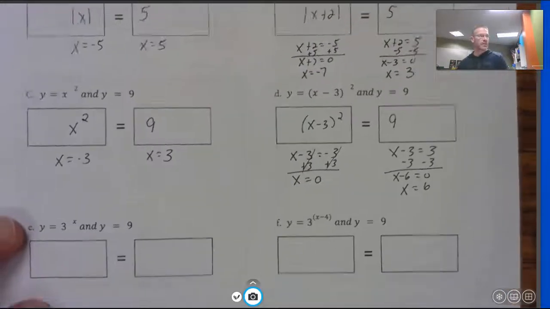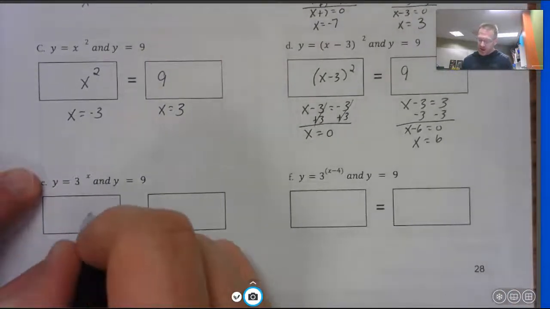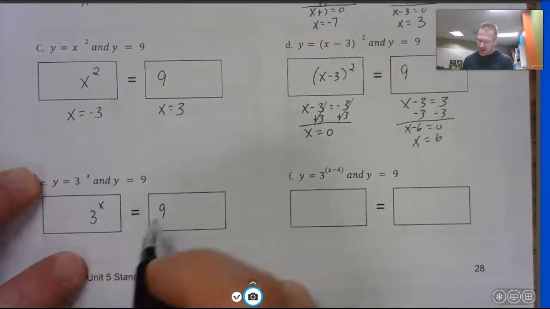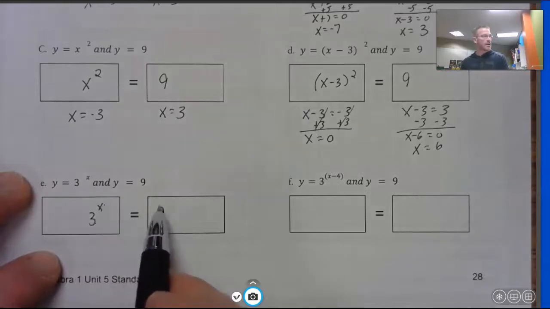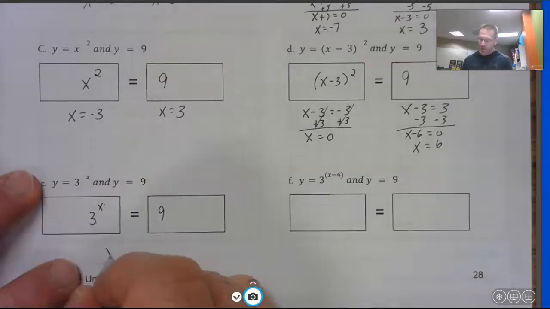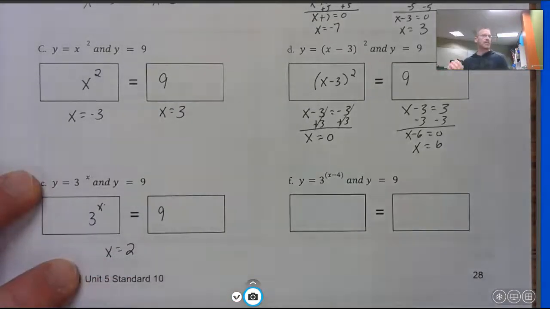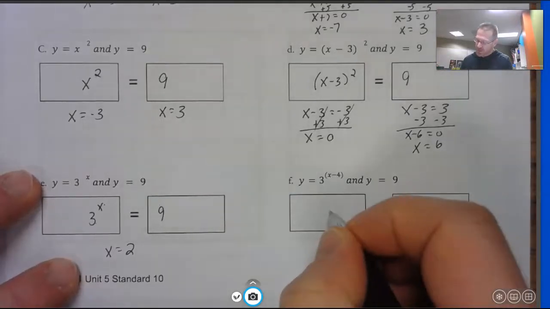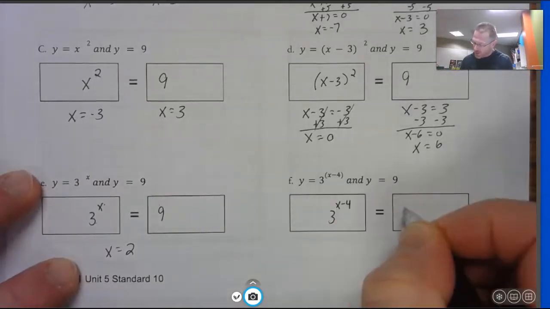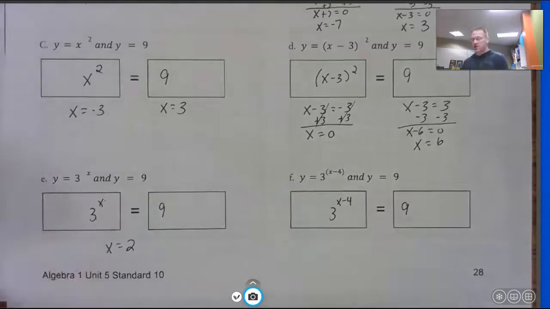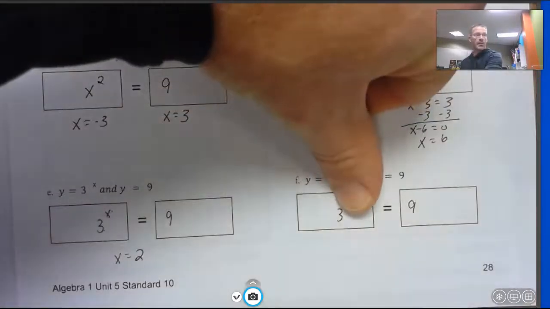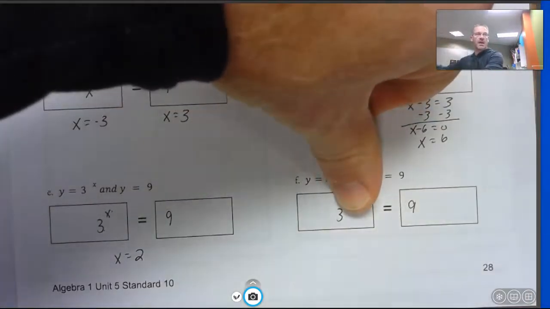All right, let's look at our exponential here. 3 to the x is 9. So 3 to what power is 9? Oh, we know that's going to be the second power. 3 times 3 is 9. So 3 squared is 9. Same thing here. 3 to the x minus 4 is equal to 9. But notice now, 3 to what power is 9? It's still going to be 3 to the second power.